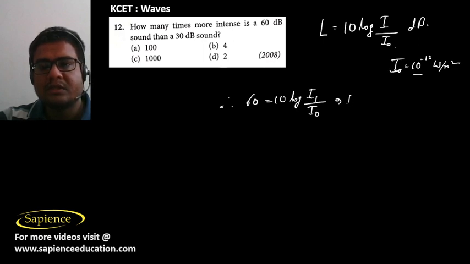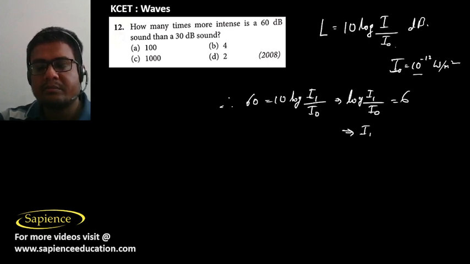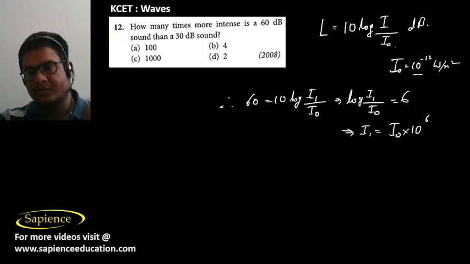So we can say that log of I1 by I naught is equal to 6. The base is not written, it means the base is 10. So I1 is equal to I naught into 10 power 6.